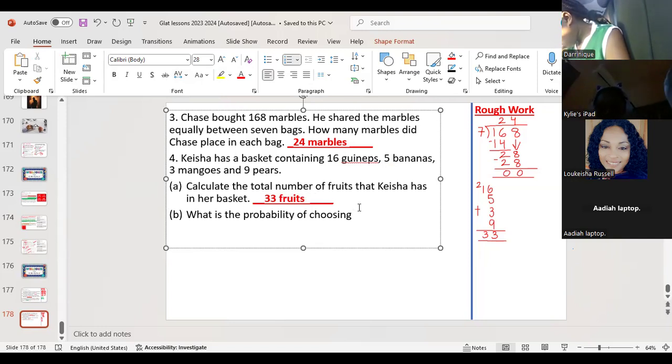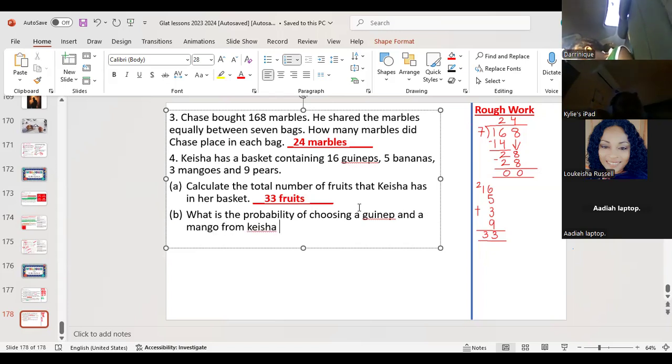So what is the probability of choosing a ganap and a mango from Keisha's basket?